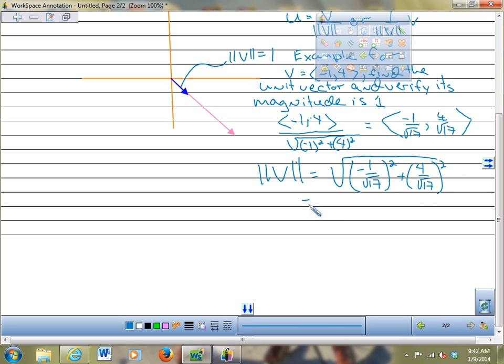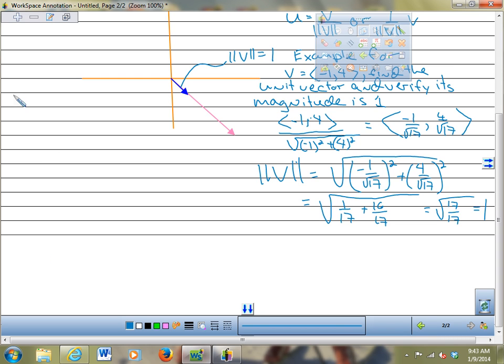When I square a square root, what happens to that square root? It goes away, leaving 17. That's why I didn't want you to rationalize, because it would have messed that up. What's 4 squared? 16 over 17, so 1 plus 16 is 17 over 17, which is equal to 1. So we just verified that its magnitude is 1.